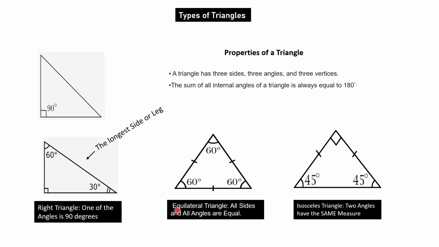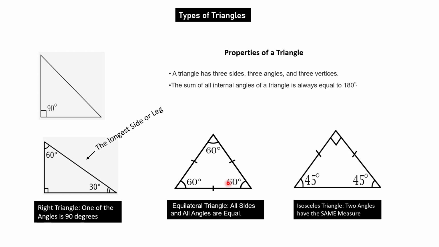Here you have an equilateral triangle. What do you mean by equilateral triangle? If all 3 sides and all 3 angles of a triangle are equal, then you call it an equilateral triangle. Right? Look at the internal angles. Each angle is 60 degrees. And what is the sum of the 3 internal angles? 60 plus 60 plus 60 is 180 degrees.